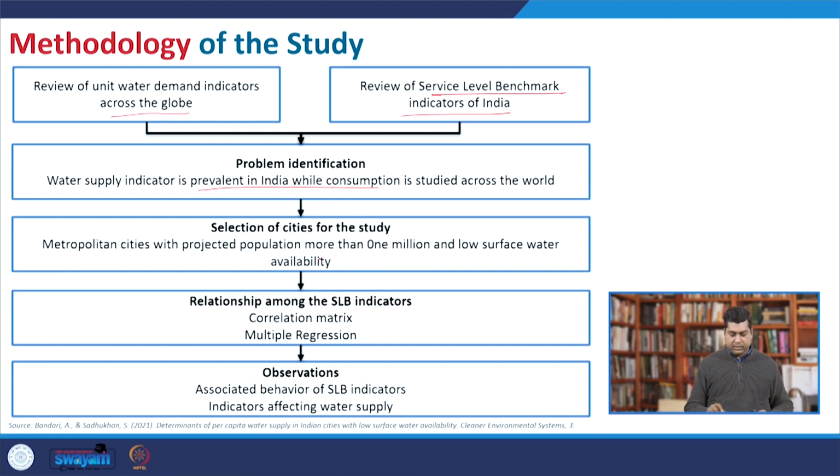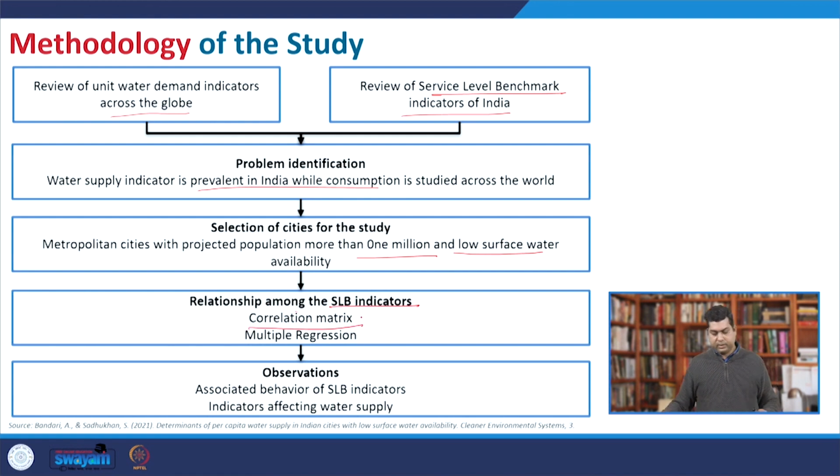Selection of the cities is based on 1 million population and also low surface water. Here again we referred to secondary information, where for the entire India there is a map on low surface water availability, because there might be some relationship that we assumed. Then we try to establish the relationship among the SLB indicators.